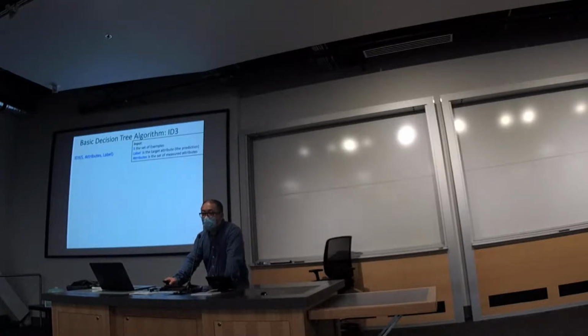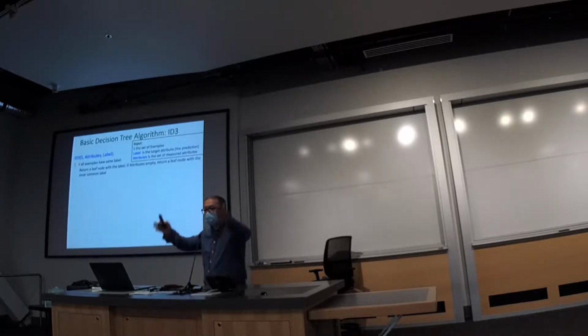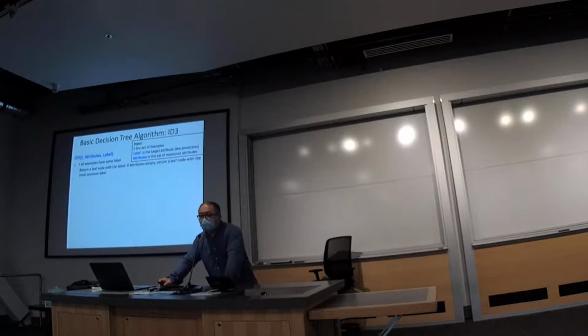But the other thing worth your notice is that if your attribute set is empty, you have to stop as well, right? And don't consider this impossible. Actually, it's quite common. Imagine that you have a very large set of examples, like 1 million examples, but you only have 3 features. It's very unlikely that you can partition this data 3 times, and then you end up with all the examples sharing the same label, right?